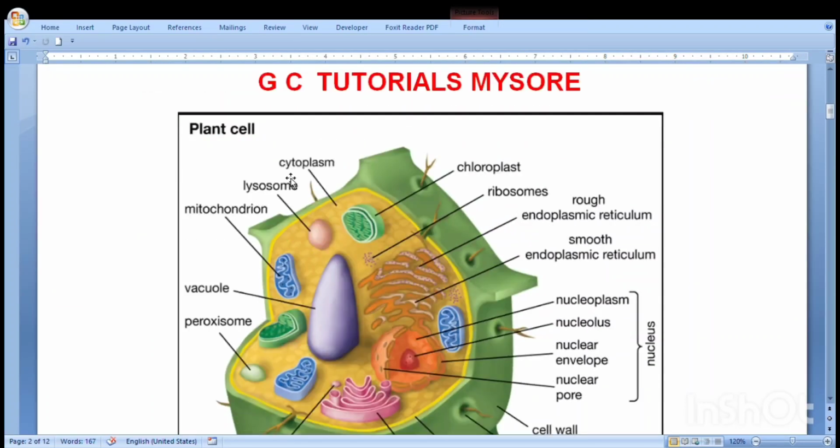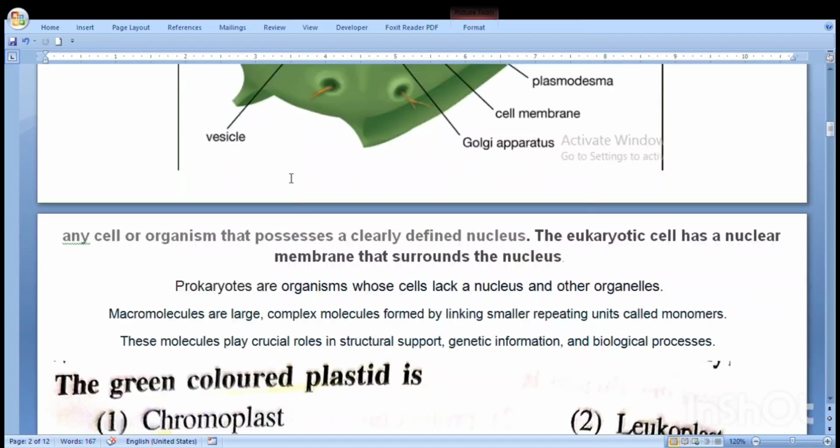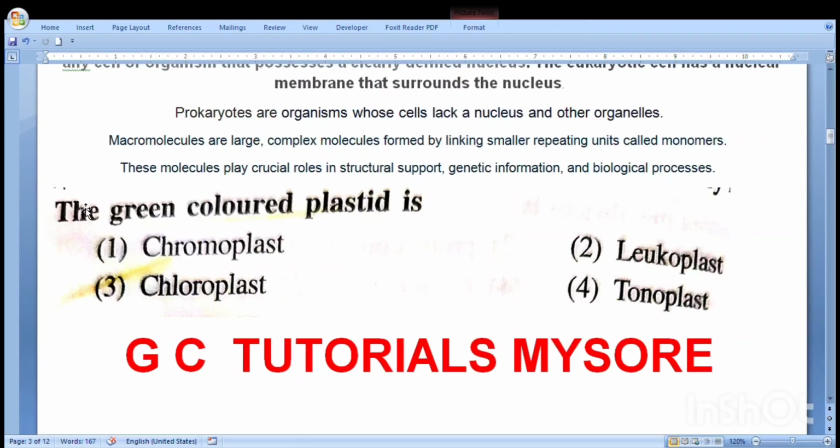Next question: the green colored plastid is which one? The options are chromoplast, leucoplast, chloroplast, tonoplast.